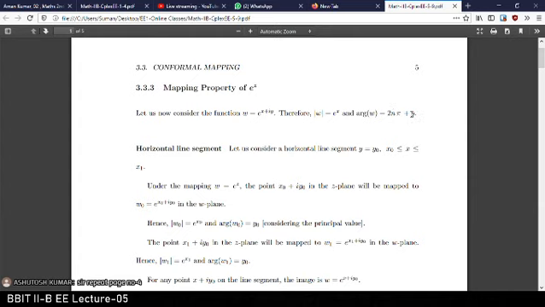Again, y may not be the principal argument, because it depends on whether y lies between minus pi and plus pi. It should be minus pi less than y less than or equal to pi. It cannot be equal to minus pi. It should be more than minus pi and less than or equal to pi. In that range, y should be.